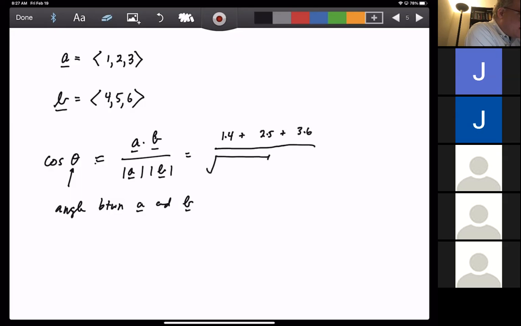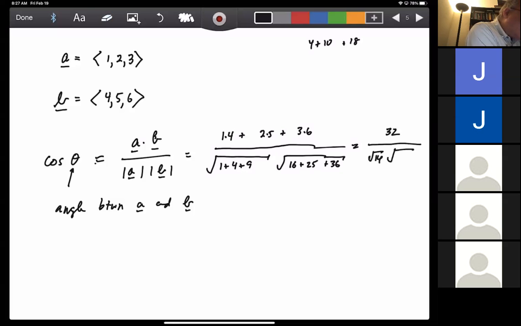The length of the vector A is going to be the square root of 1 plus 4 plus 9. The length of the vector B is going to be the square root of 16 plus 25 plus 36. And this is going to be 4 plus 10 plus 18, so 32, over the square root of 14 times the square root of 77.